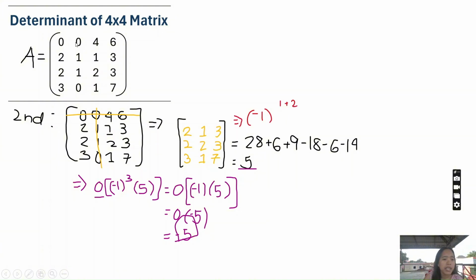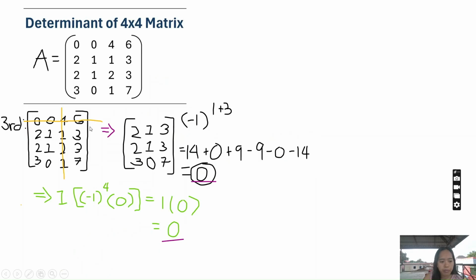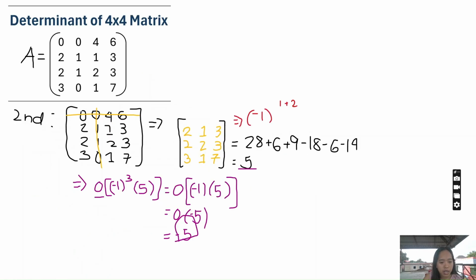So we have to copy again the matrix and then cover the second row and the second column. This remaining, we have 2, 2, 3, and then 1, 2, 1, 3, 3, 7.